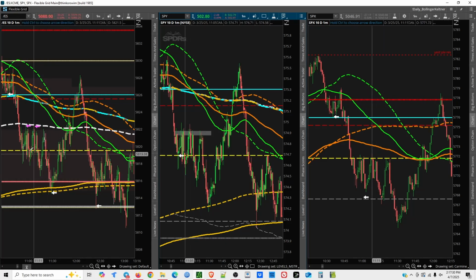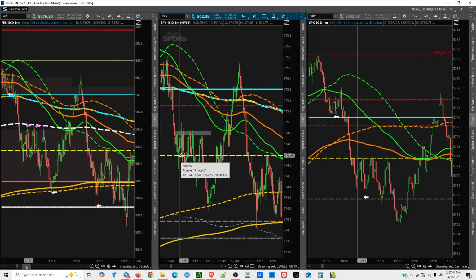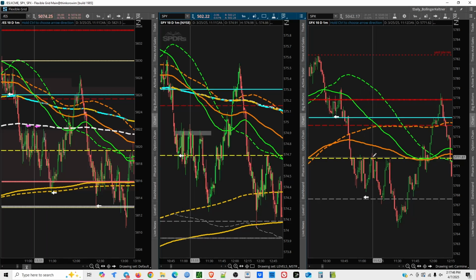We have half gap bounces up to VWAP, down to half gap, up to VWAP, down to half gap. We've got SPY bouncing off of half gap up to SPX's half gap, down to SPY's half gap, back up to SPX's half gap, and then the whole thing rolls over to SPX's previous day close.